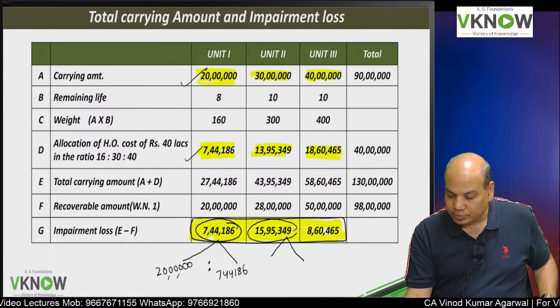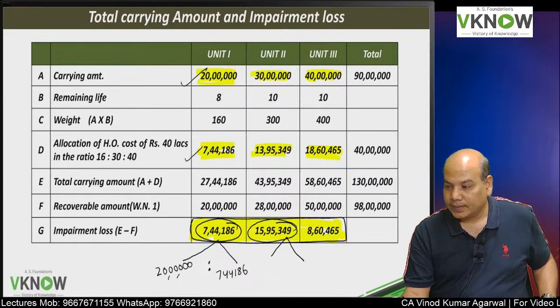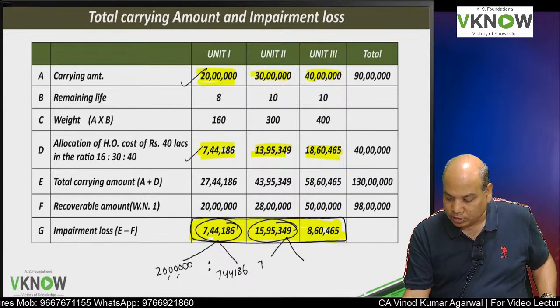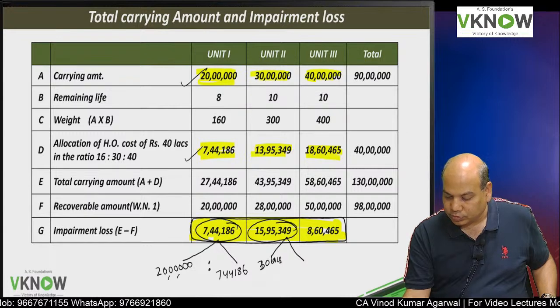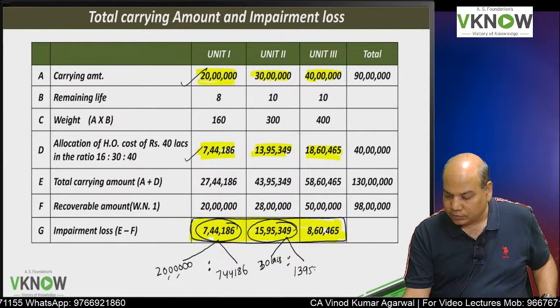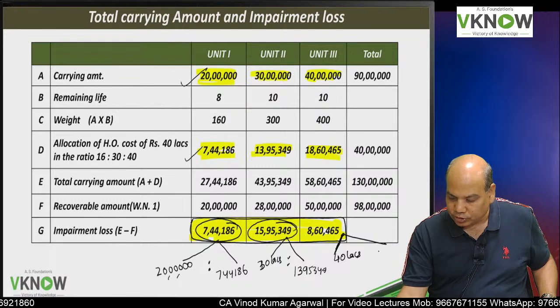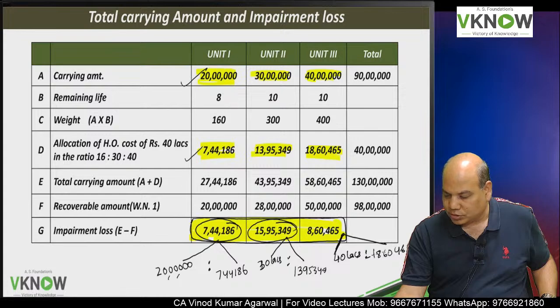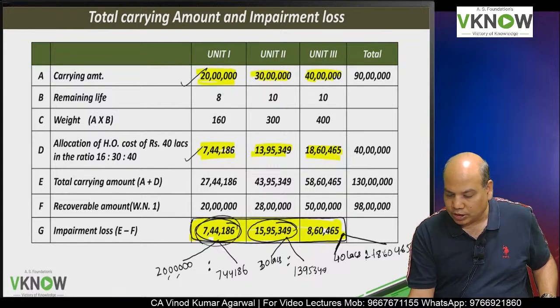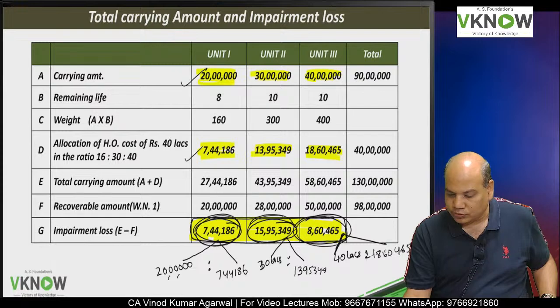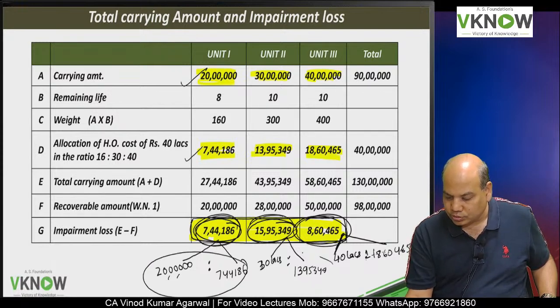This 15,95,349 will be allocated in the ratio of 30 lakh is to 1,395,349 and this will be allocated over CGU and HO building in the ratio of 40 lakh is to 1,860,465. So I have to allocate this impairment loss in these ratios.